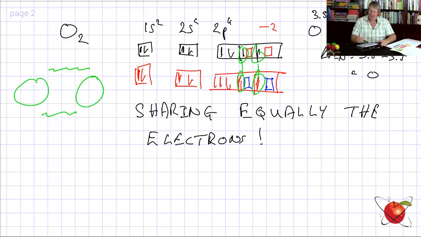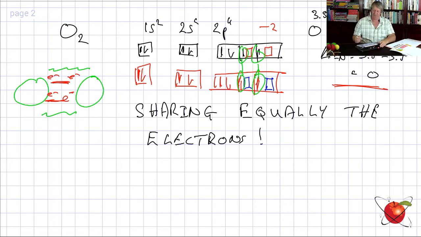So this shares and this shares electrons with each other. They are taking their electrons and sharing them. This one is sharing an electron here, and an electron here. And because the electronegativity difference is 0, they are sharing it equally.